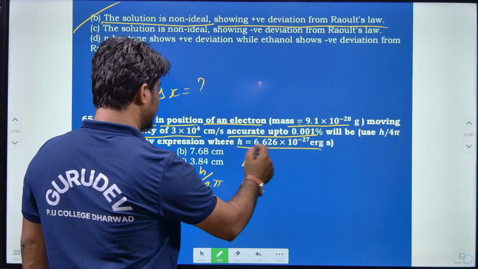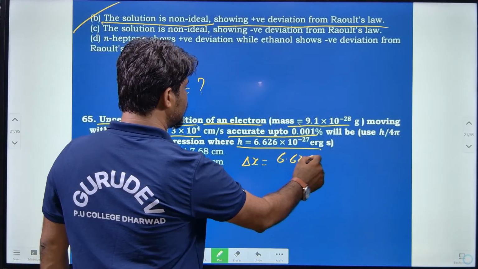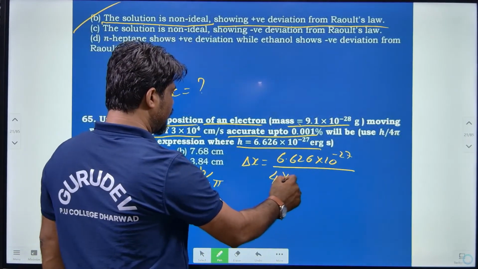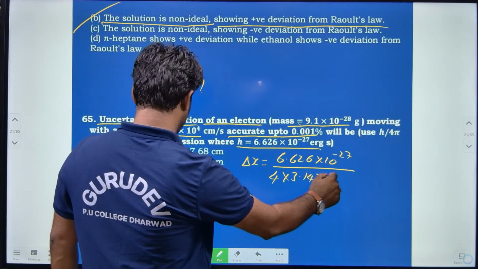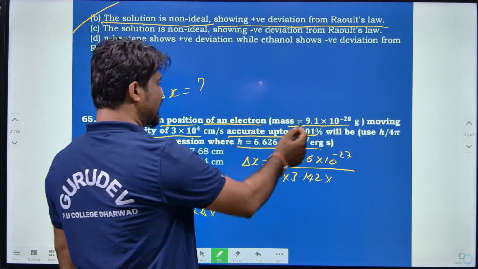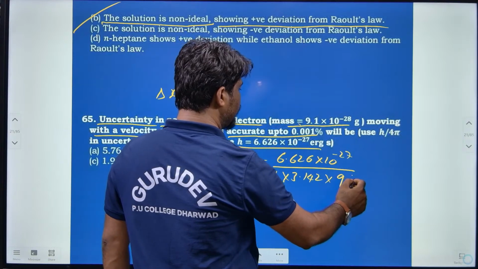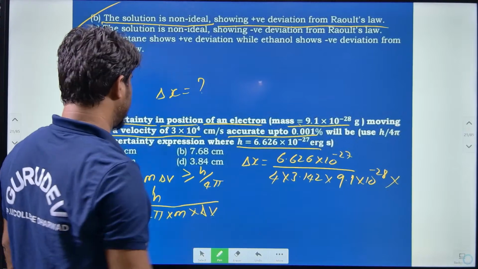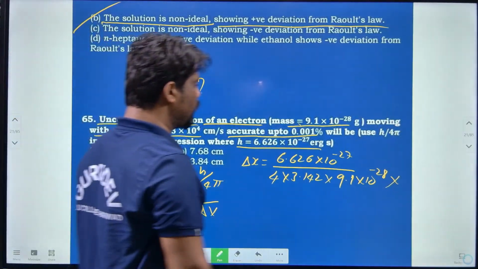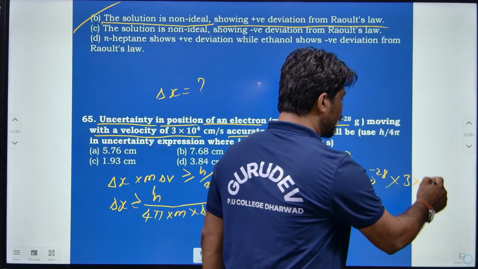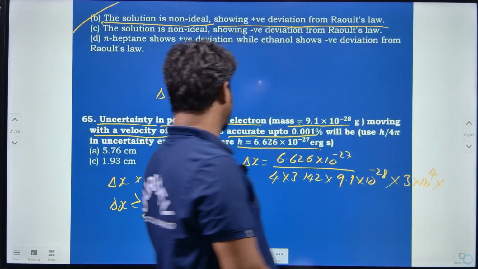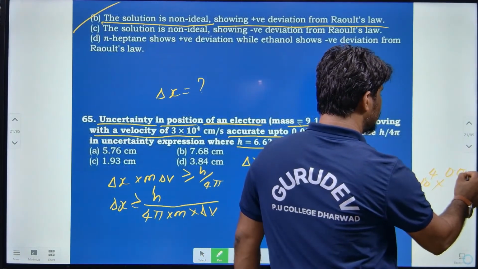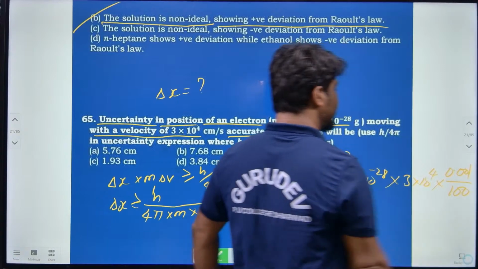Delta x is equal to h, which is 6.626 into 10 to the power of minus 27, divided by 4 pi, which is 3.142, into the mass given here, 9.1 into 10 to the power of minus 28 gram, into the velocity delta v, given as 3 into 10 to the power of 4, along with the accuracy percentage, 0.001 percent. To remove the percentage I will put 100.